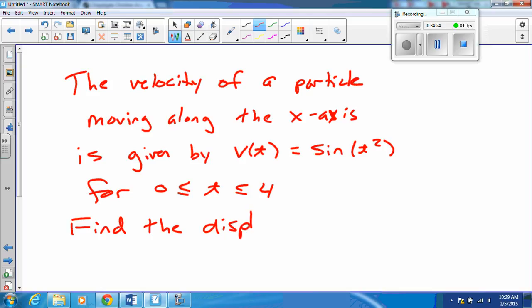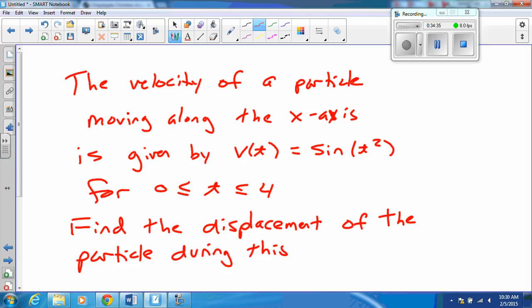Find the displacement of the particle during this time interval.